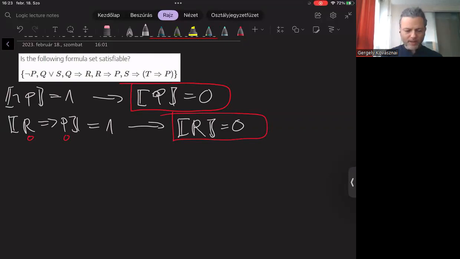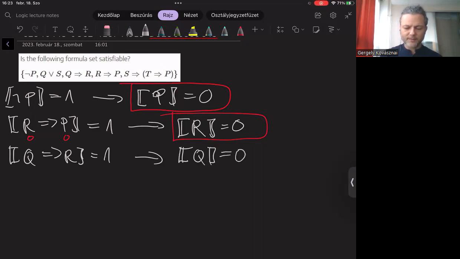Okay, well, we can see there is a very similar formula to the previous one, the third formula, Q implies R. So this is also an implication, which again must be 1. And long story short, similar to the previous formula, now we can prove that Q must be false as well. Okay, so there are 2 formulas left.